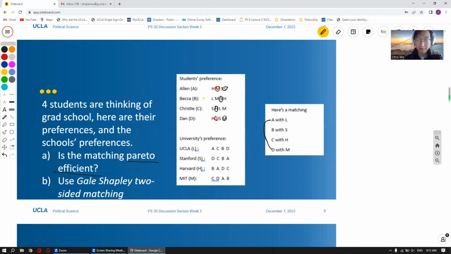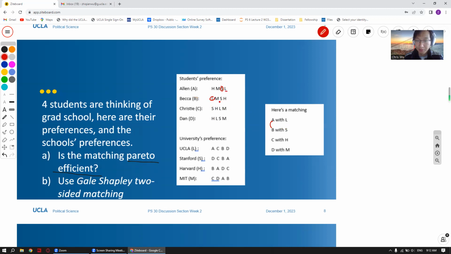Similarly, we could also have B and C swap. Then B would go to, actually B and C wouldn't swap because B would do worse. So that doesn't work. What about, let's say, A and B swap? Then A would go to S, that's better than L. B would go to L, that's better than S, right?